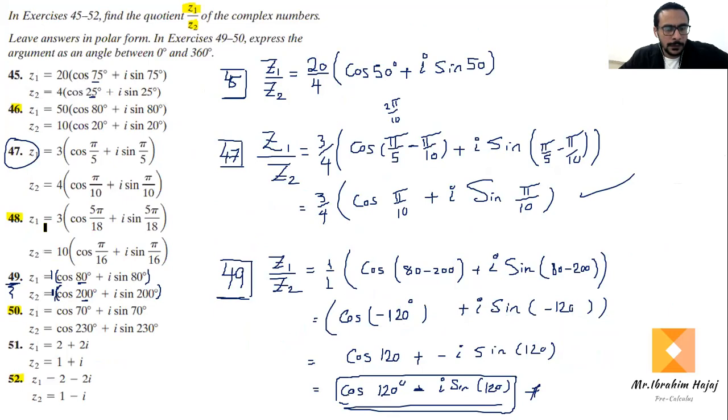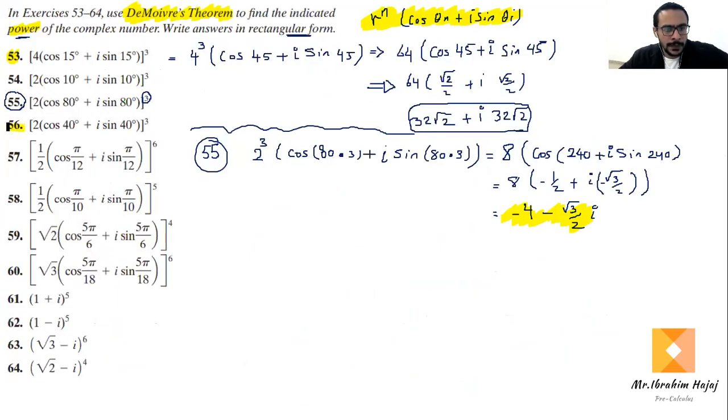Mister, could you please send them to the group? I will send the file now. You will find highlighted numbers in the homework, which are the homework.